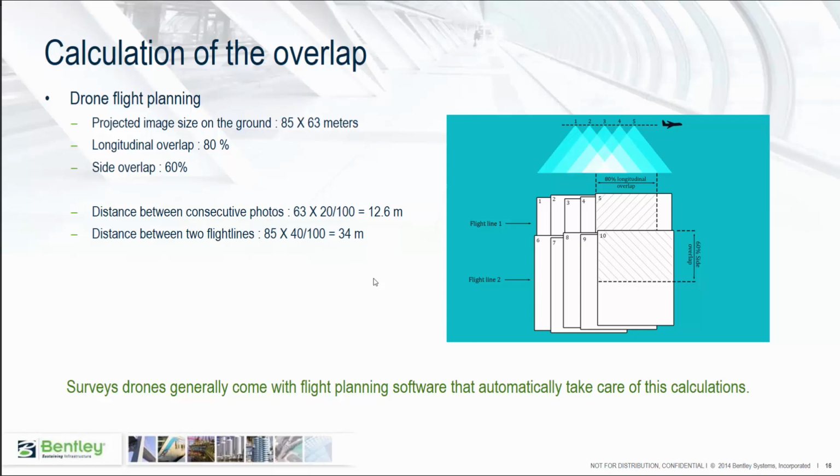Now let's say that your project image size on the ground is 85 by 63 meters. You can calculate the projected image size on the ground using the formula in the previous slide. Now, the distance between consecutive photos should then be 2.6 meters and the distance between two flight lines 34 meters to achieve the required overlap.